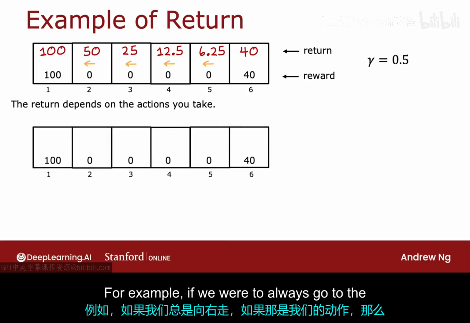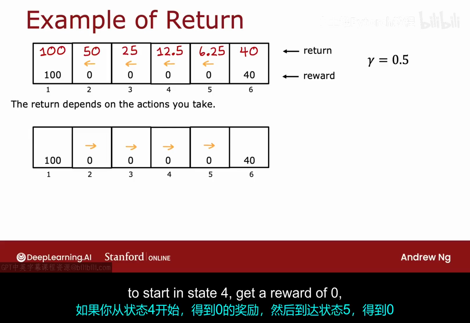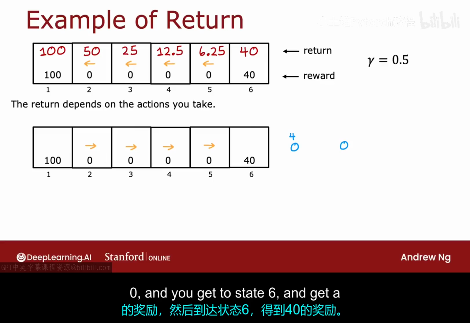For example, if we were to always go to the right, if those were our actions, then if you were to start in state 4, get a reward of 0, then you get to state 5, get a reward of 0, and then get to state 6, and get a reward of 40.